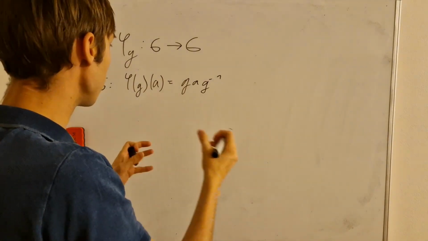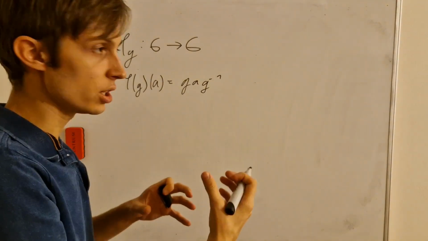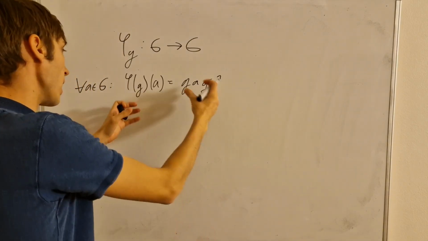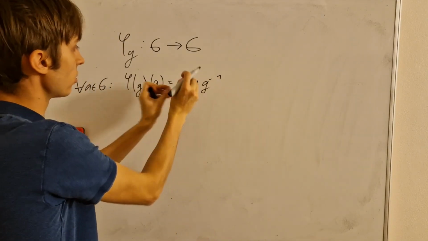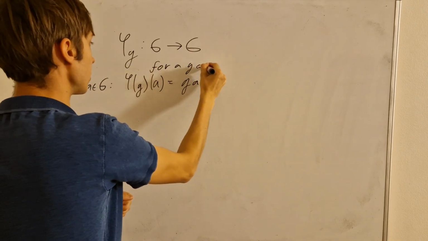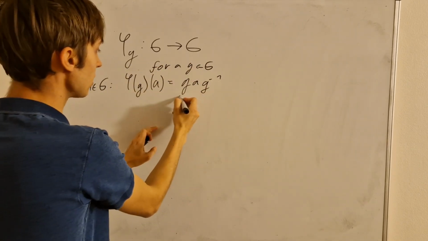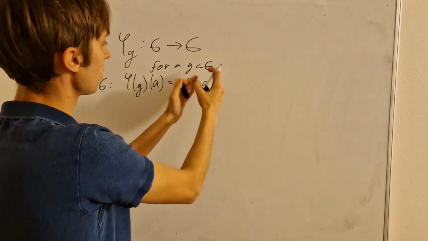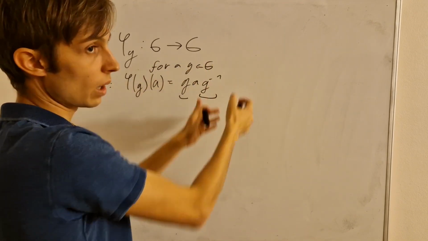So you conjugate every other element in the group by some chosen element G inside the group. You pick a G inside the group and multiply it on the left side to every element, and at the same time its inverse on the right side of it.